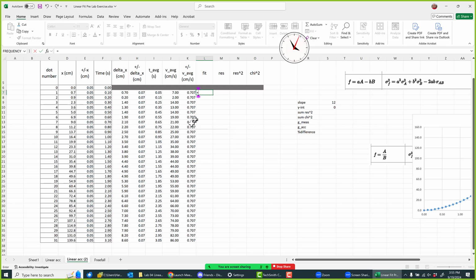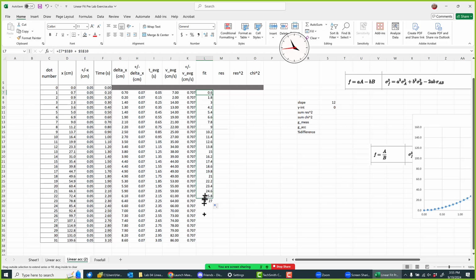So equals, and then the x component is the t average times the slope, and then we use the dollar signs, and then plus the y-intercept, and we need the dollar signs again. Enter, and then we fill them in, maybe. So there's our fit line.